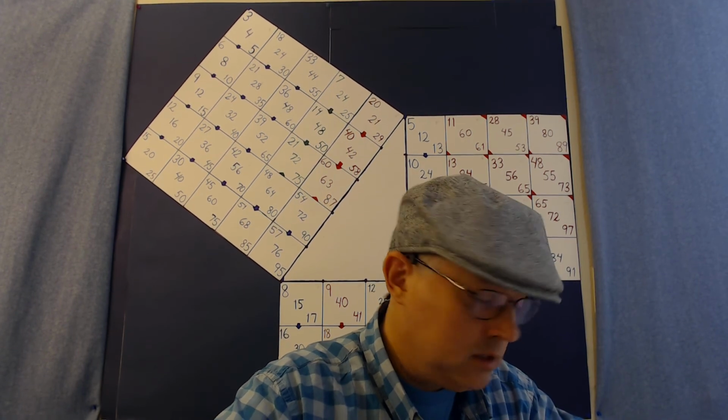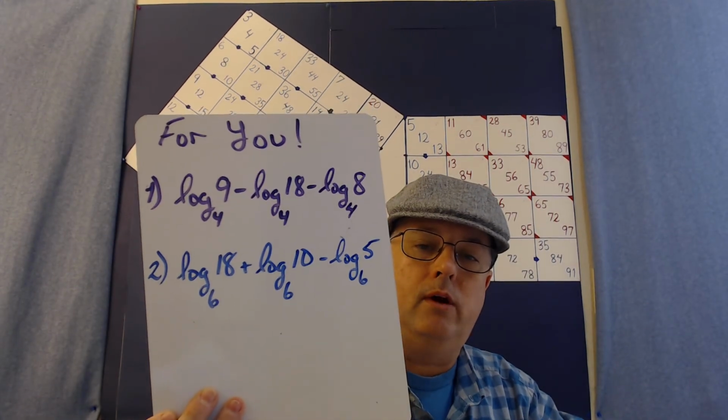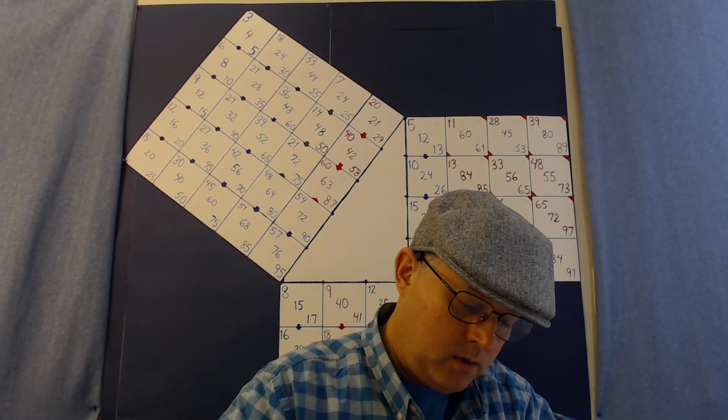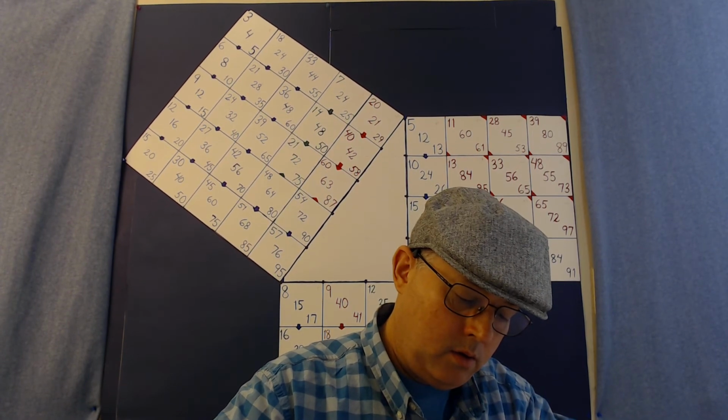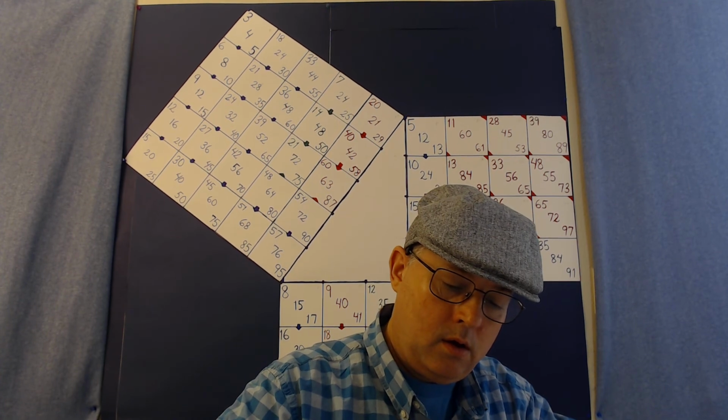Okay, so log base 6 of 18 plus log base 6 of 10 minus log base 6 of 5. Okay, try that one. All right, and the third example, here we have log base 5, log of 5 minus log of 25 minus log of 2.